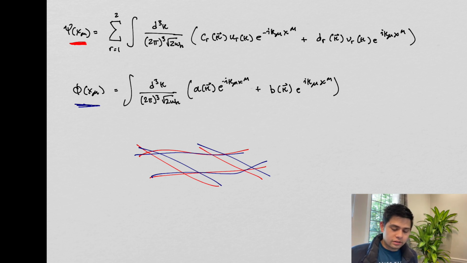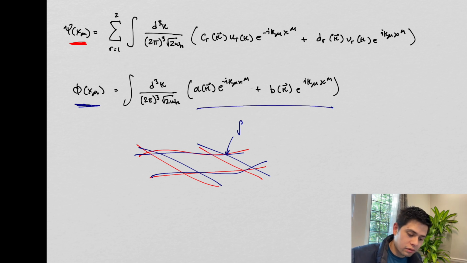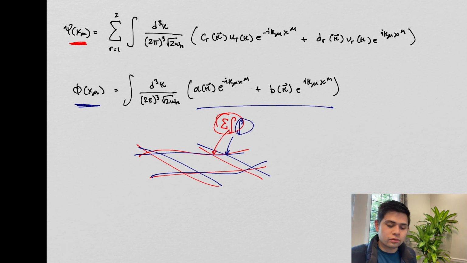And the interesting thing is that, say at this point, we have an integral at this point, and that's this integral. Similarly, we have an integral at this point also, and we have an integral, but we also have a sum over. Right? So this one here is for our spinor, and this one here is for our scalar.